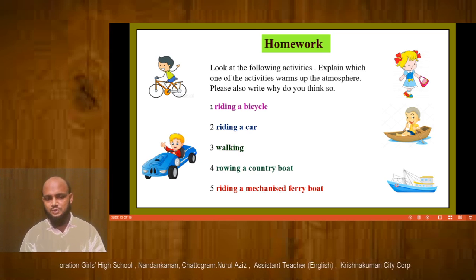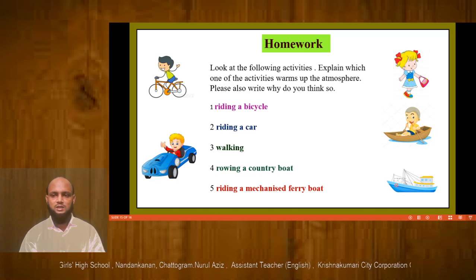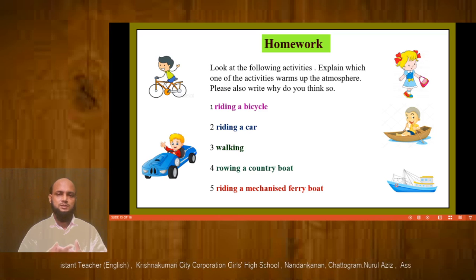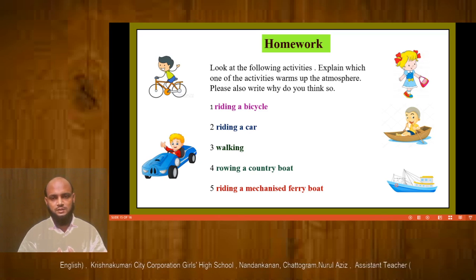Pick only one of these activities that warms up the atmosphere. Write the necessary logic behind this activity. Please write it at home, and if you do it, you will surely understand this lesson properly.